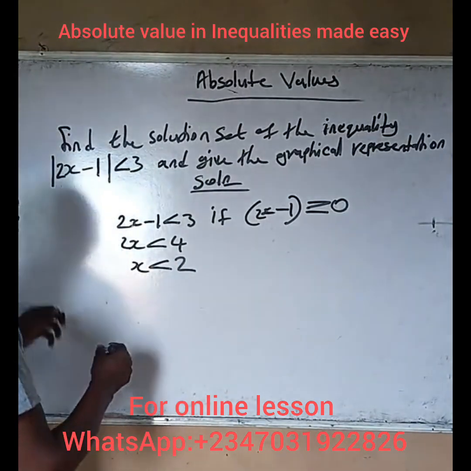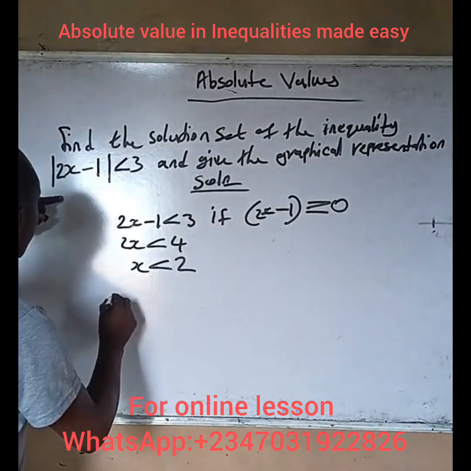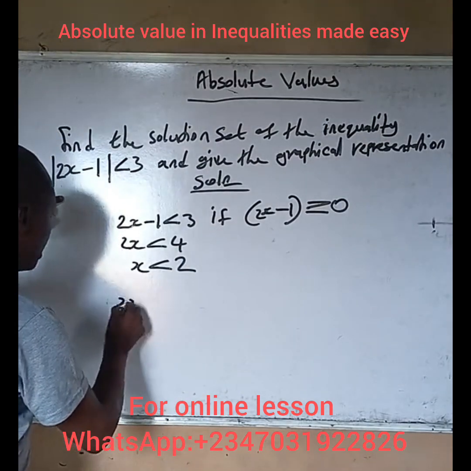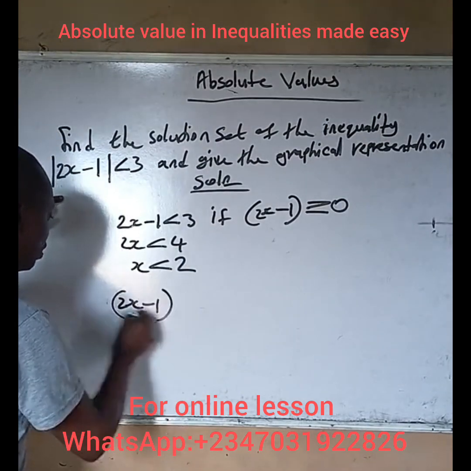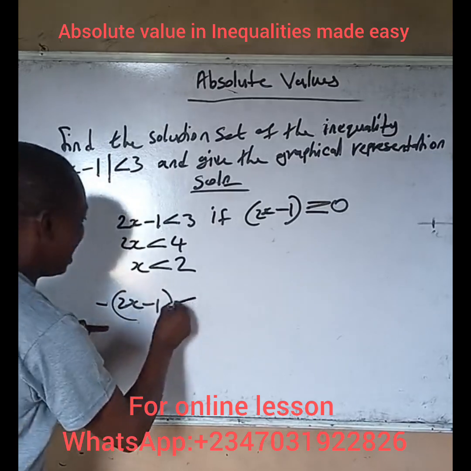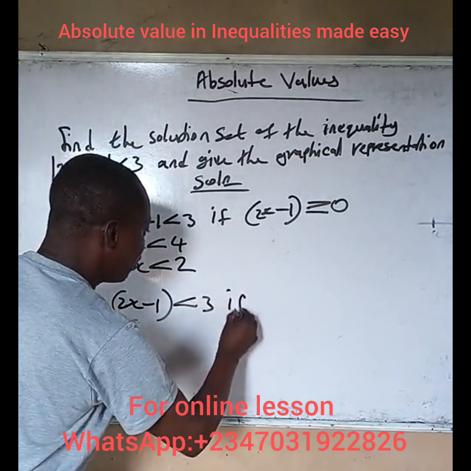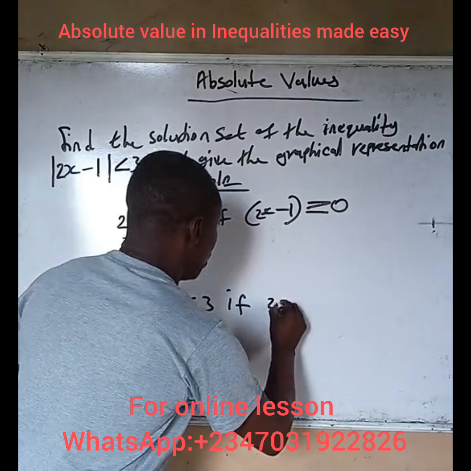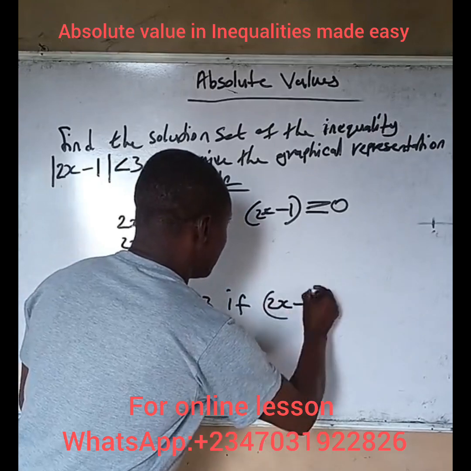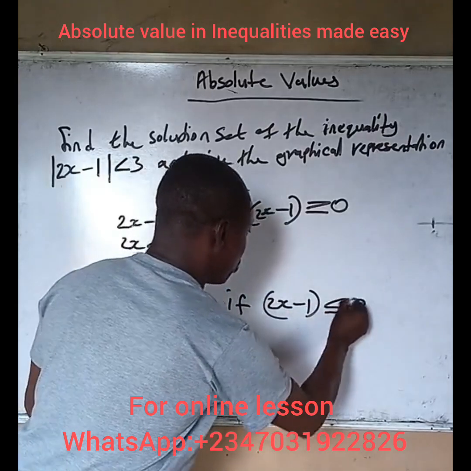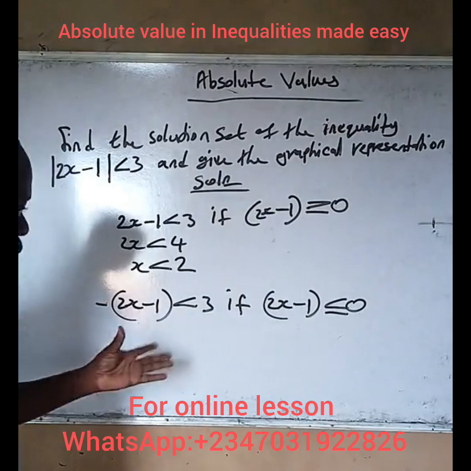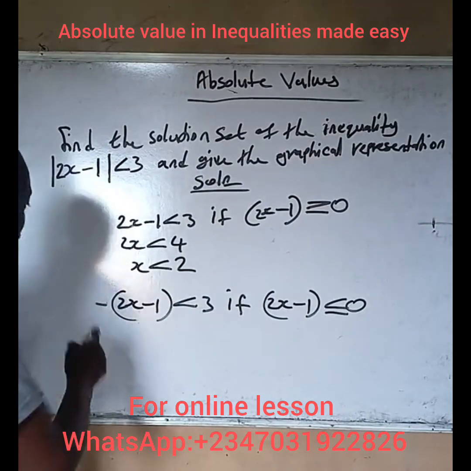Now the second set will be that minus (2x minus 1) will be less than 3 if 2x minus 1 is less than or equal to 0. Yes, that's what you will now do. There you will now have a minus sign here.